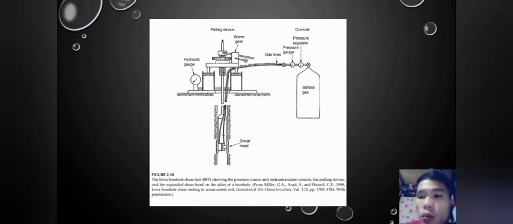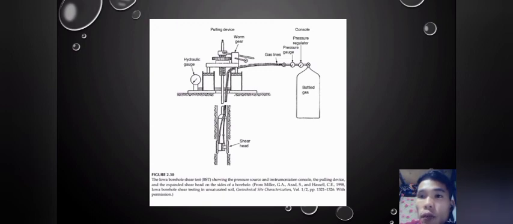So the figure 2.30, the Iowa borehole shear test BST, showing the pressure source and instrumentation console, pulling device, and the expanded shear head on the sides of the borehole. So the pulling device has a worm gear on top, then at ground level there is a hydraulic gauge or meter. Then the gas lines carry gas to pressurize the shear head.